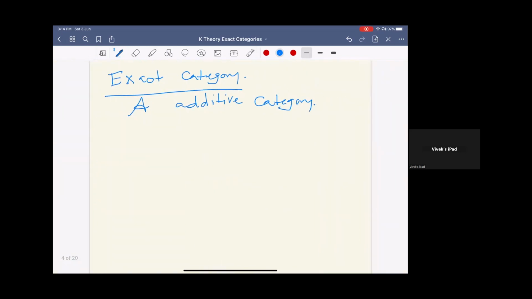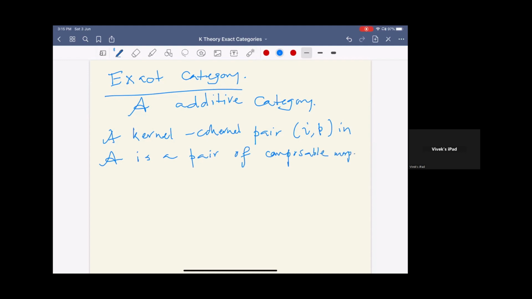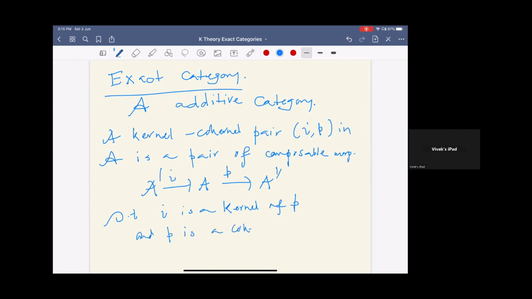Now basically, additive category. A kernel-cokernel pair in an additive category A is a pair of composable morphisms (i, p) such that i is a kernel of p, and p is a cokernel of i.